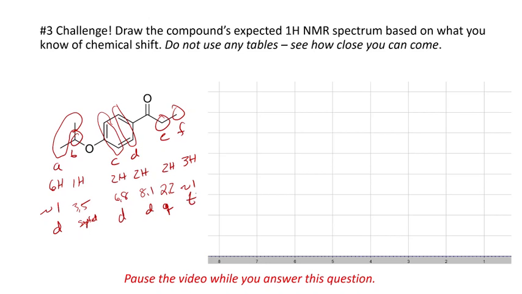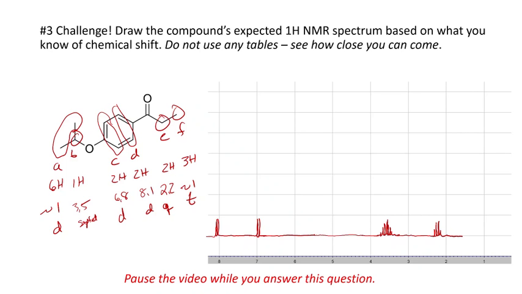There we go. See if we can draw it. Septet. Quartet at 2.2. And I've got a doublet down here at around 1, and a triplet also at 1.